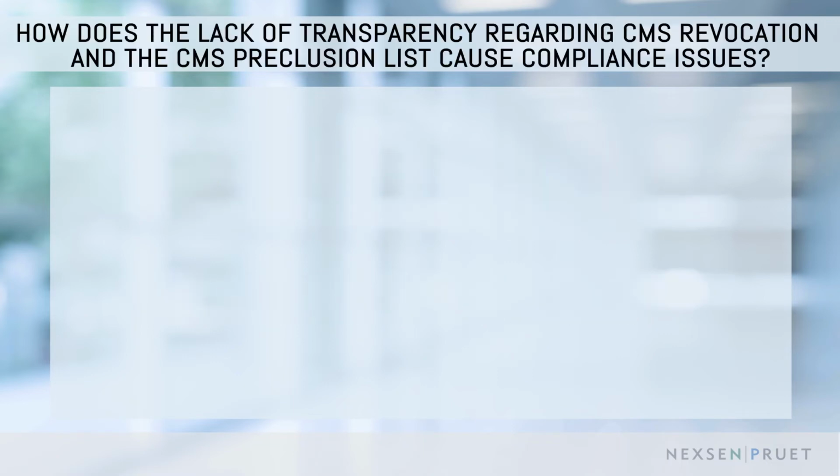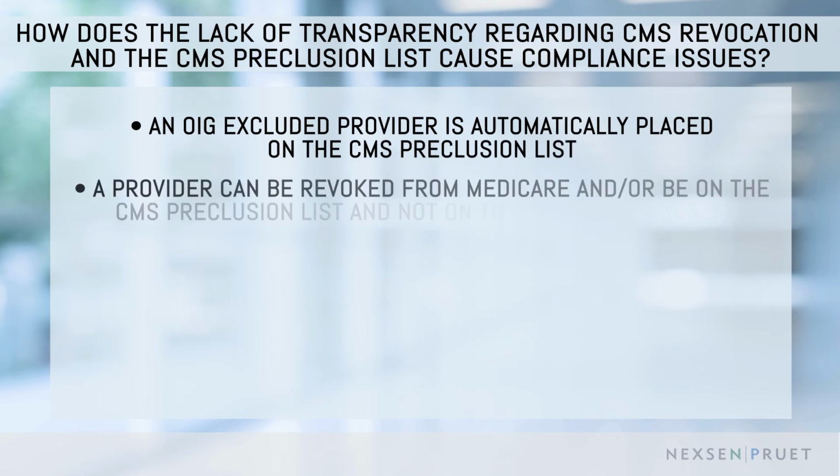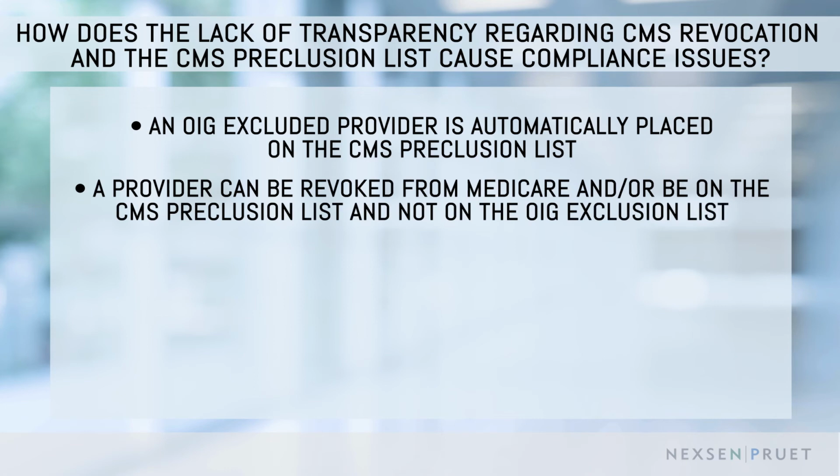How does this lack of transparency regarding CMS revocation and the CMS Preclusion List cause compliance issues? An OIG excluded provider is automatically placed on the CMS Preclusion List. However, a provider can be revoked from Medicare and/or be on the CMS Preclusion List and not on the OIG exclusion list.